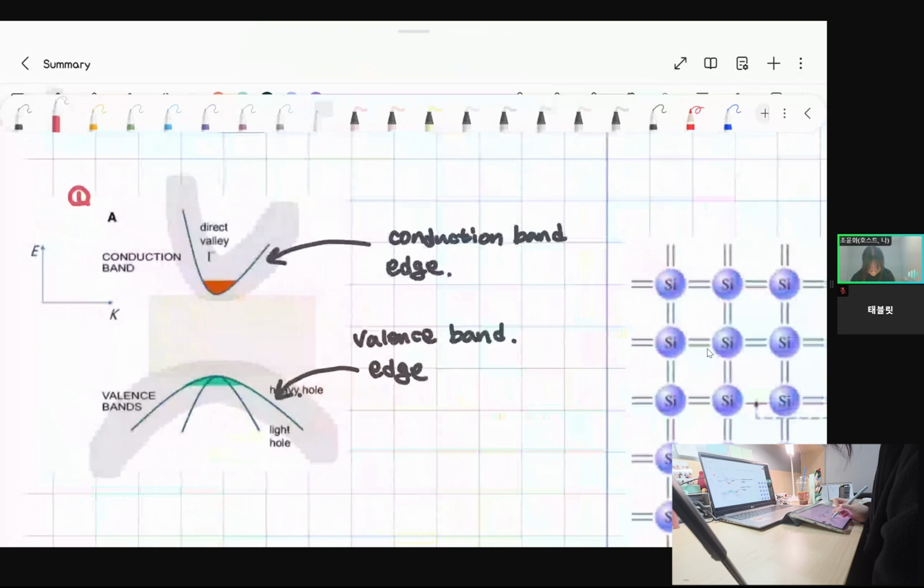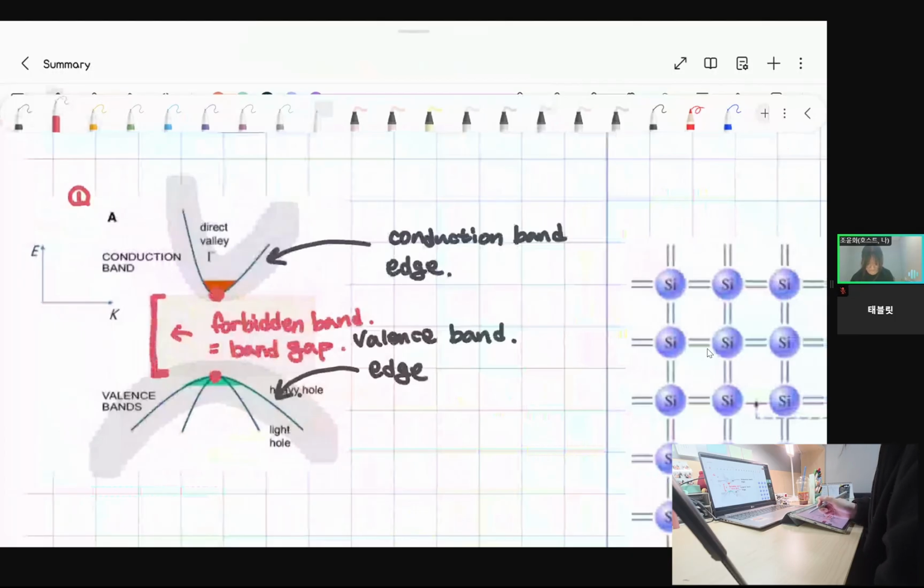The gap between the highest level of the valence band edge and the lowest level of the conduction band edge is the forbidden band, and also the band gap.